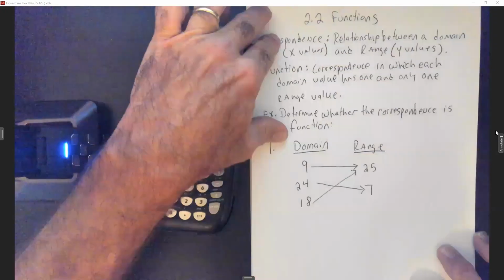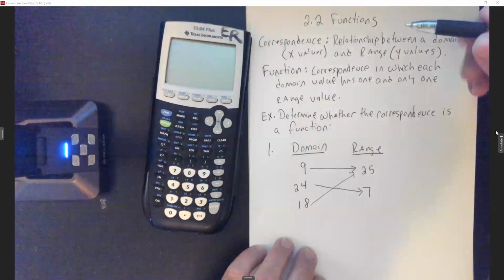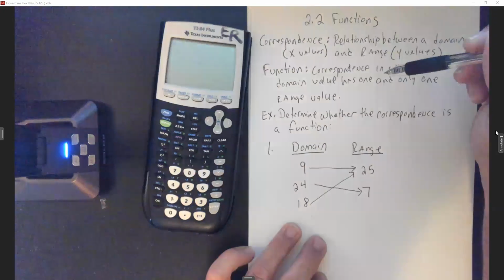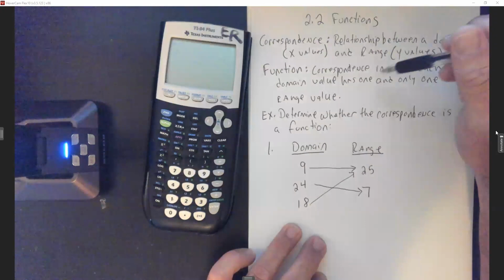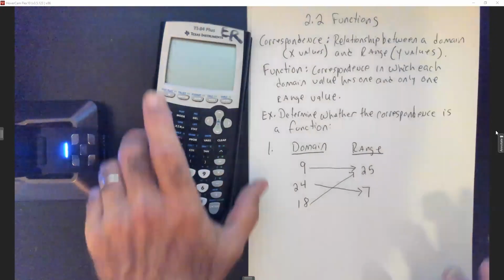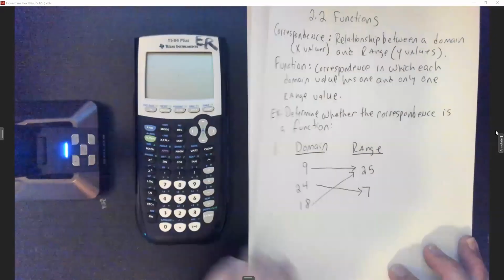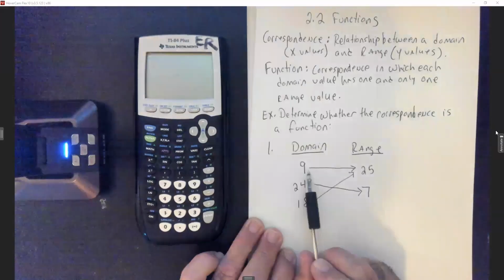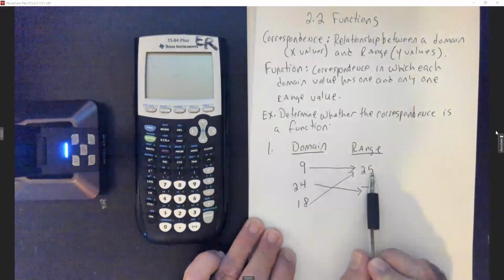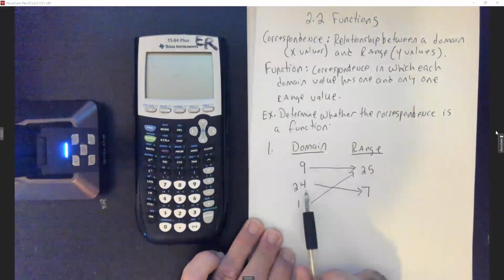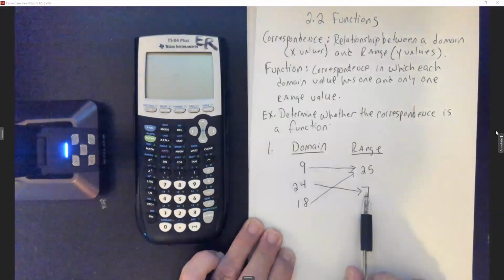So remember, my definition up here said if it's a function, each of these domain values has only one range value. So y'all, what you got to look at is the 9 first. The 9 only points to the 25, so it's only got one range value. The 24 only points to the 7, so it's only got one range value.